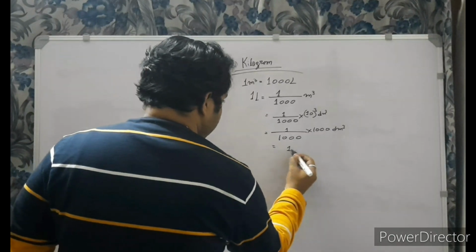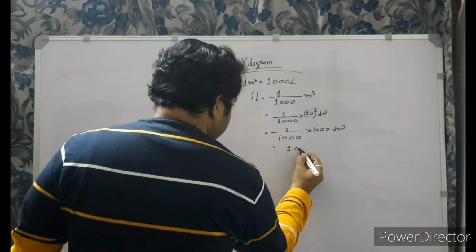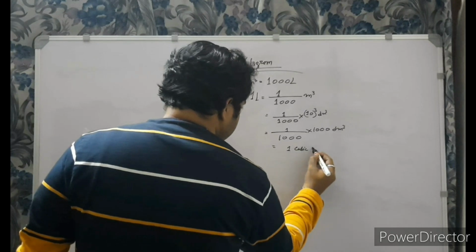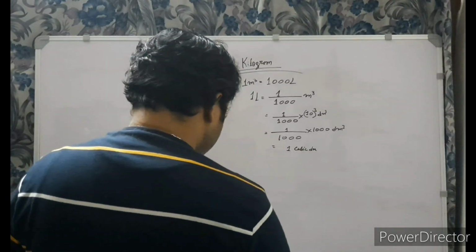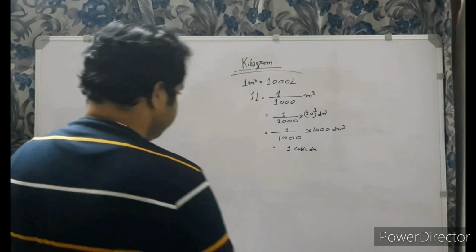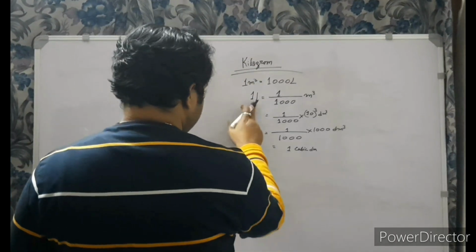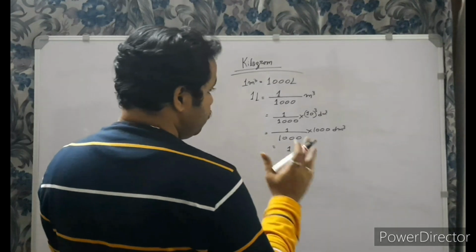So 1 liter is equal to 1 cubic decimeter.